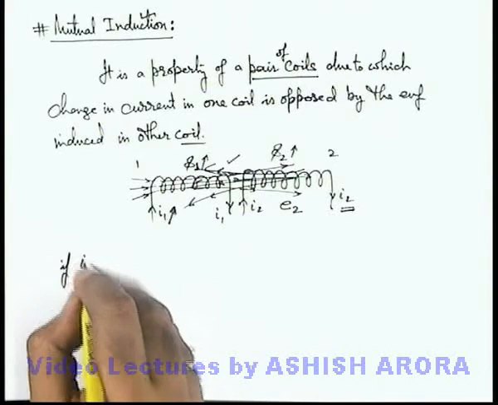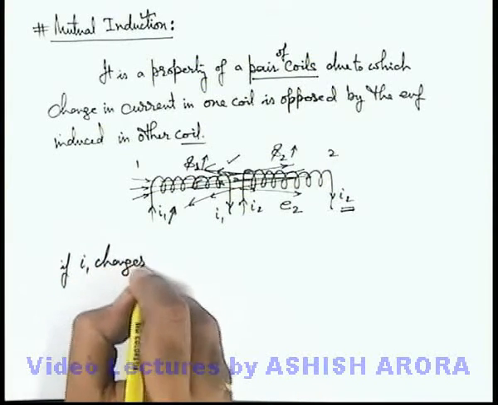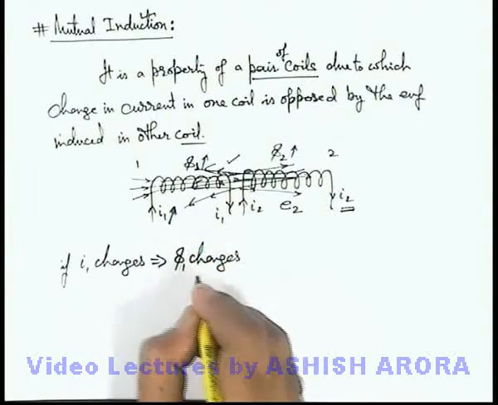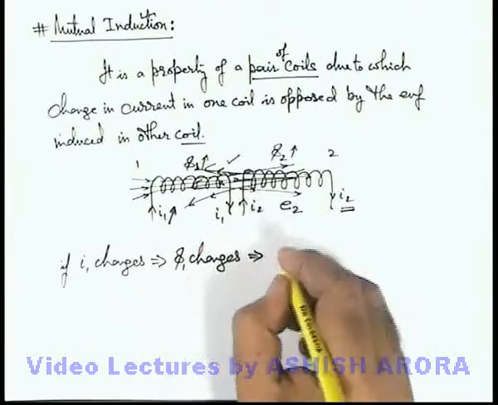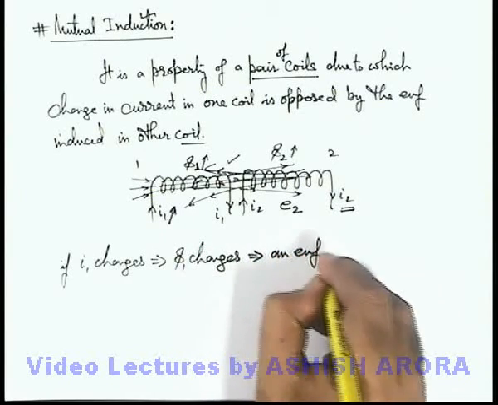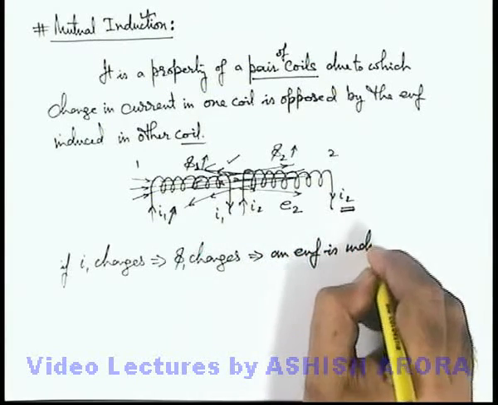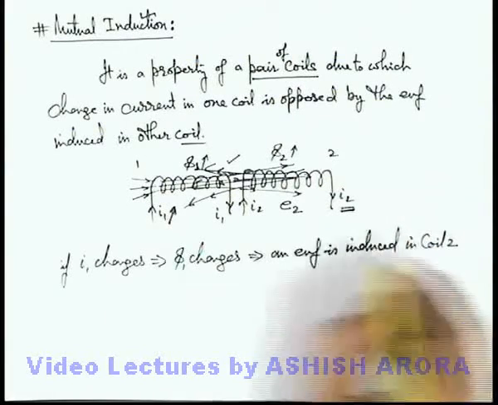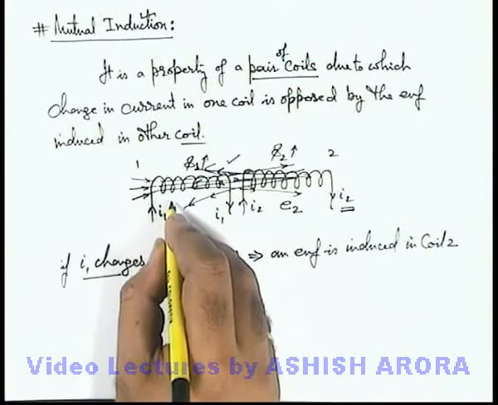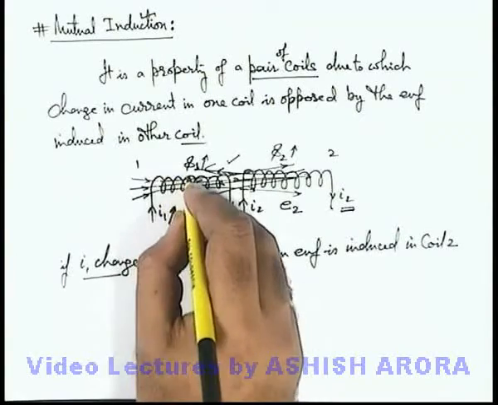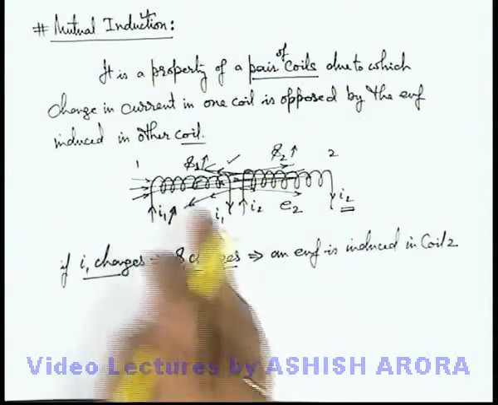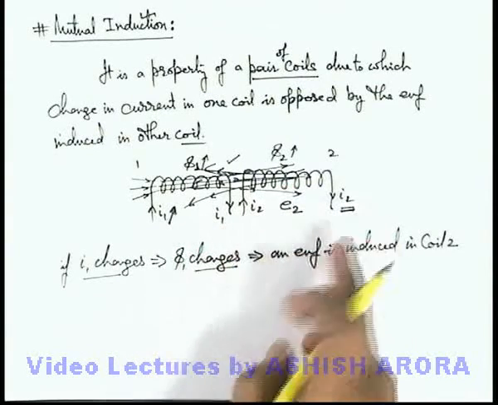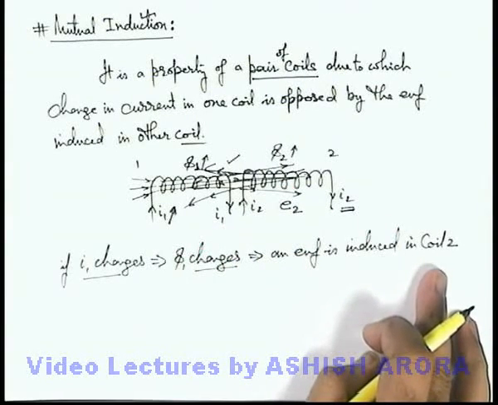Here we can write, if I1 changes, this implies phi1 changes, this implies an EMF is induced in coil 2. I1 was the current in first coil, phi1 was the flux in first coil. Due to the change in phi1, a part of it which was linked with the second coil changes and it induces an EMF in second coil.